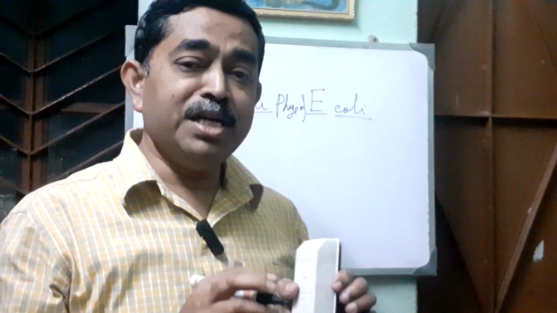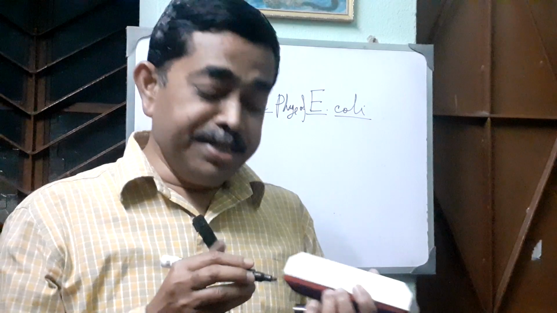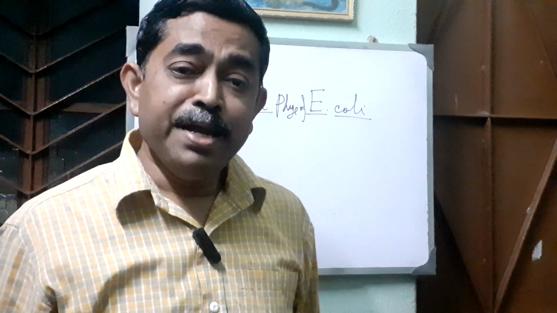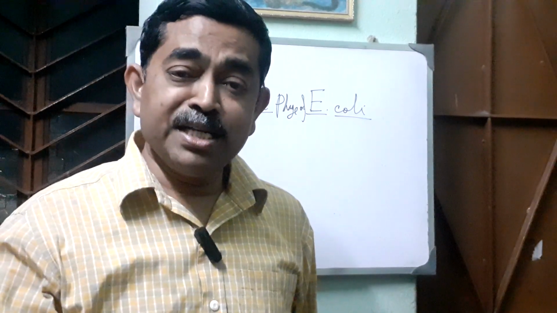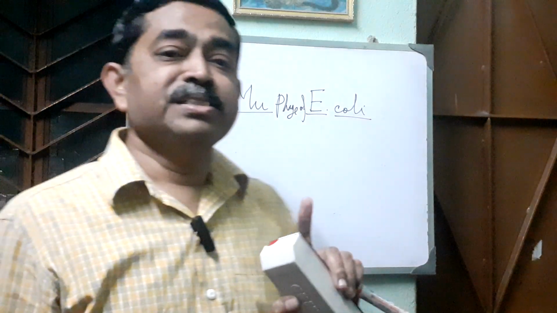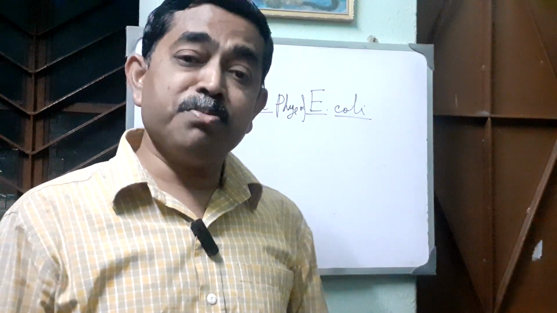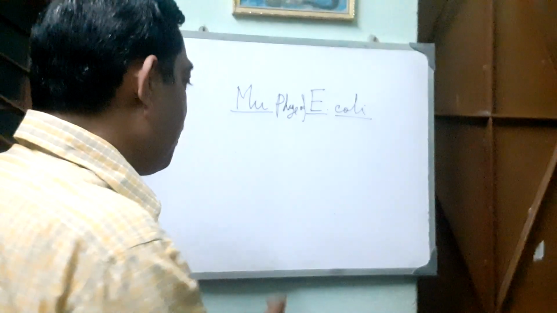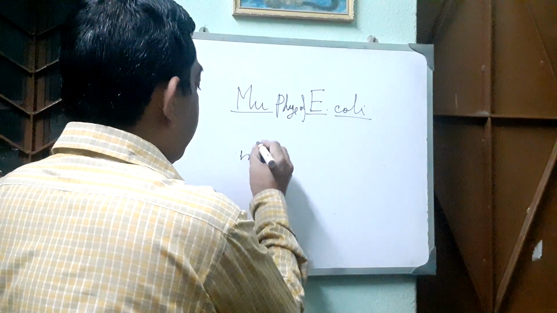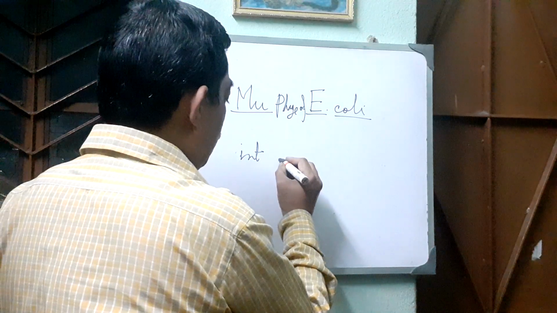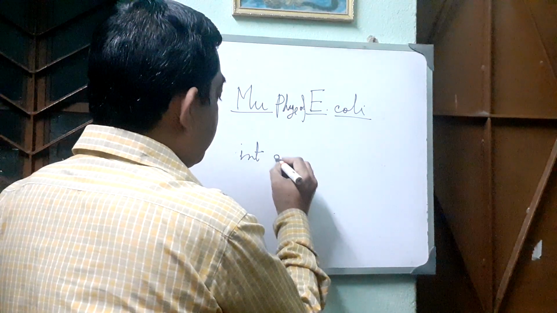This Mu phage has the ability to integrate multiple copies of its genes in the host genome and cause mutation there. That's why it is called Mu phage. This is caused by the int gene of the phage genome. The int gene causes this integration of its genes into the host cell genome.